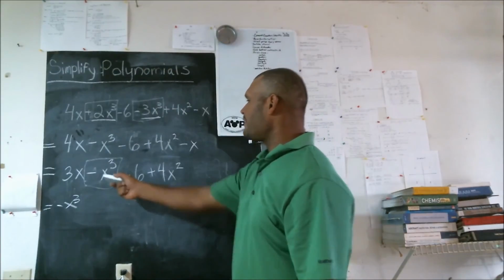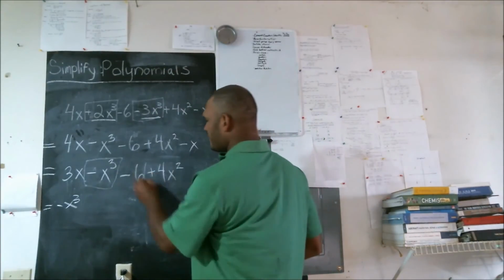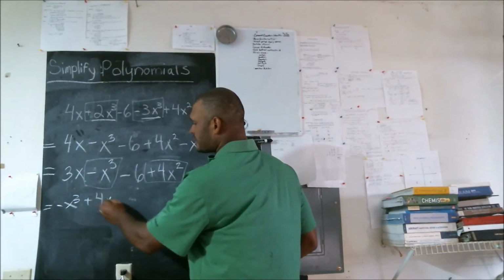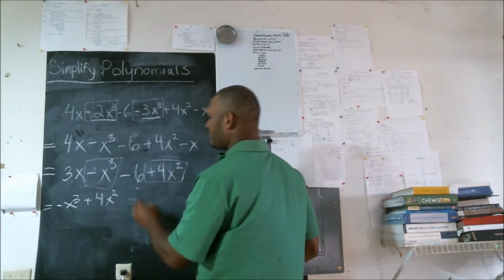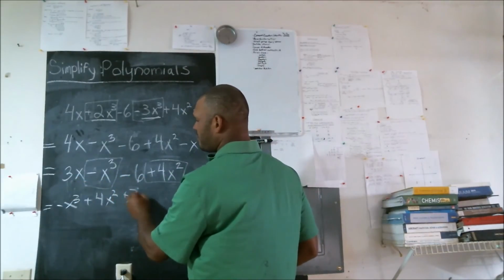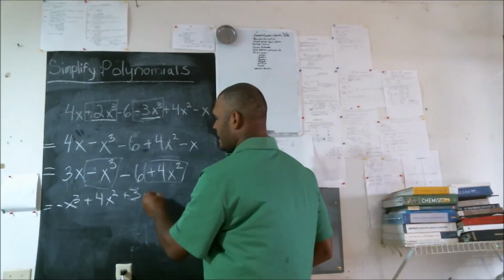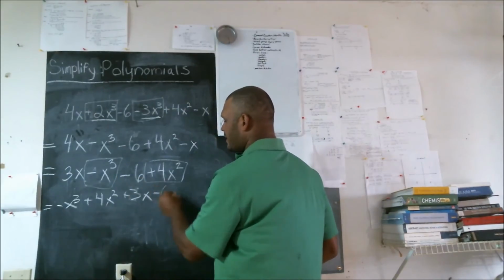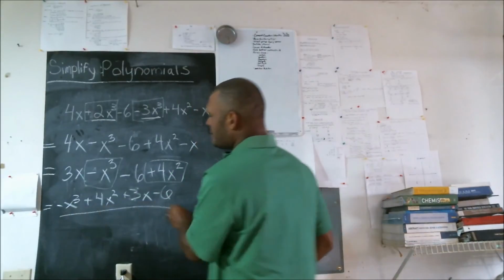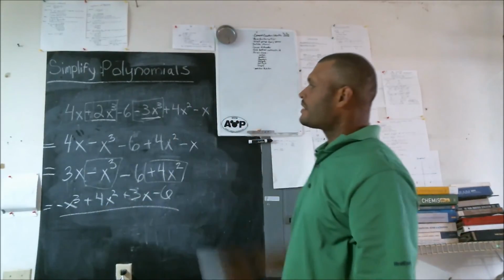Then we add 4x squared. Where's our next one? Over here. We're going to add that positive 3x. And then what's left over is our minus 6. So this will be your answer to simplifying the original equation.